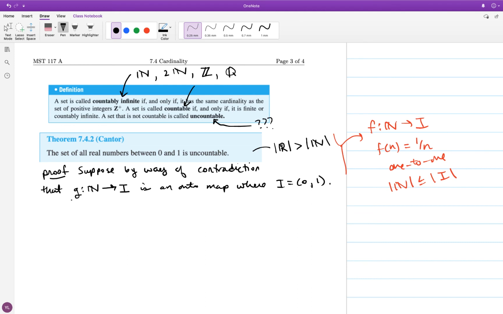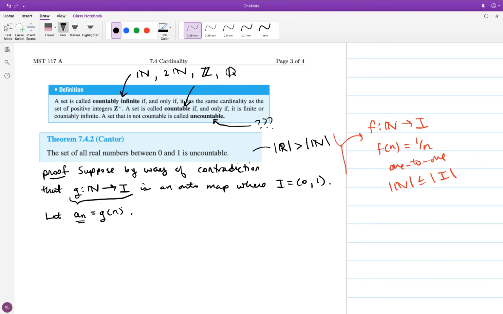So from this, I'm going to use this function g to give some names to the numbers in between 0 and 1. I'm going to let a_n stand for the real number in between 0 and 1 that is hit by the natural number n. So a sub n is standing for that output of the function.